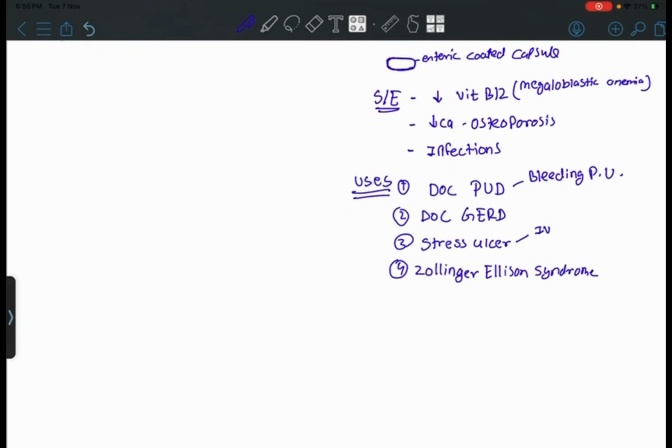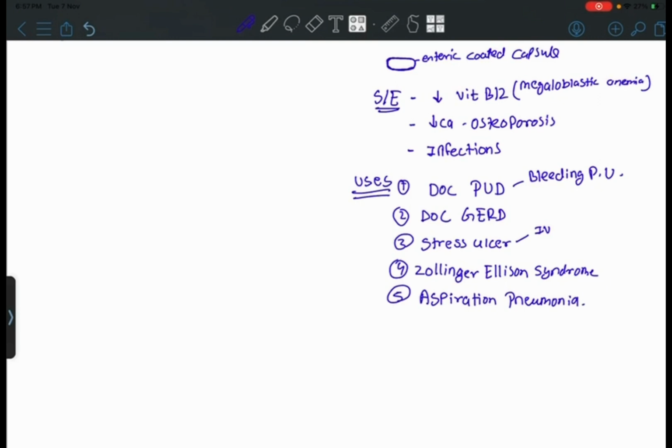And we also have one more use, which is aspiration pneumonia. What happens when a patient is in a coma? Acid is being produced, and if the pyloric sphincter is not working properly, acid can go through the larynx into the lungs, and if it goes into the lungs, it can cause irritation there.